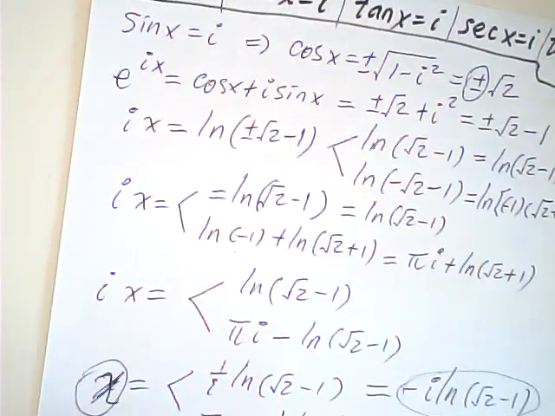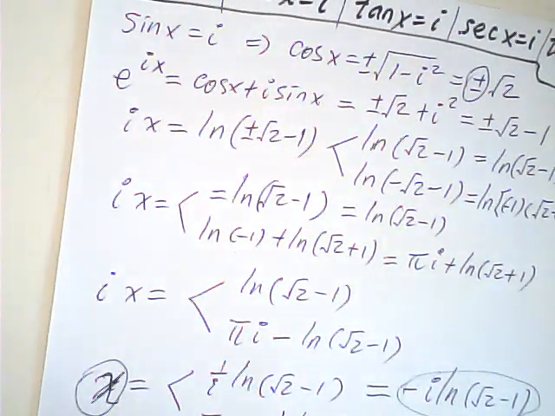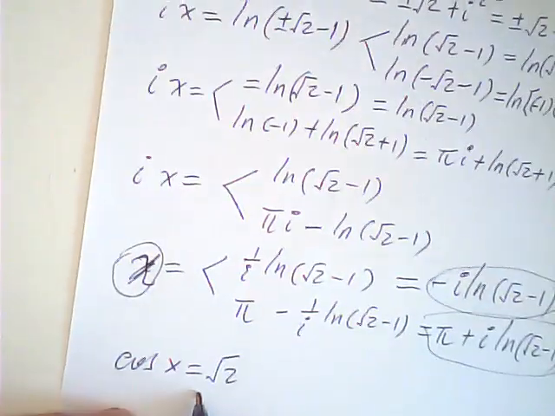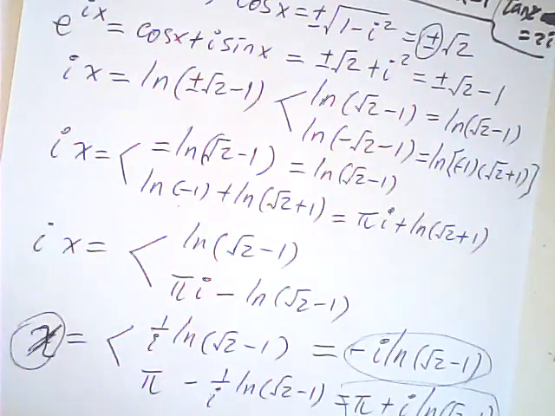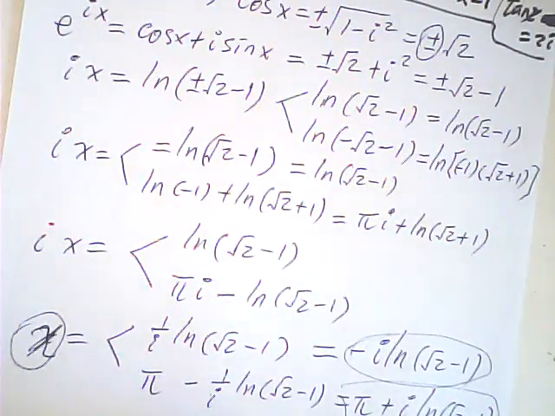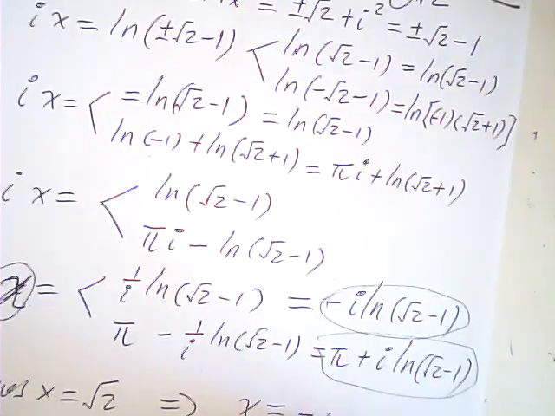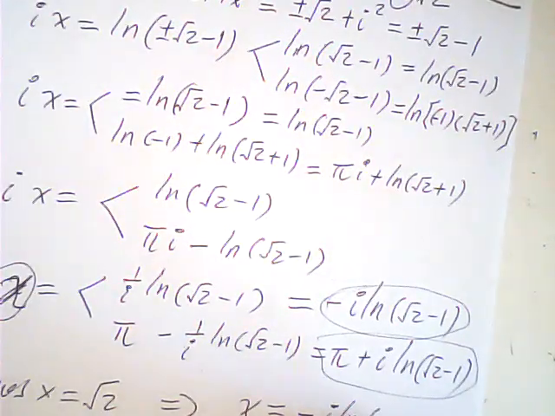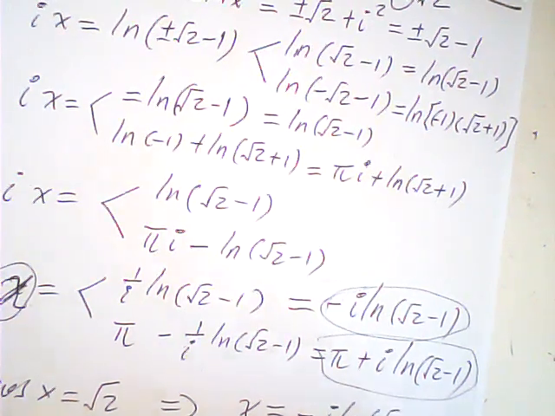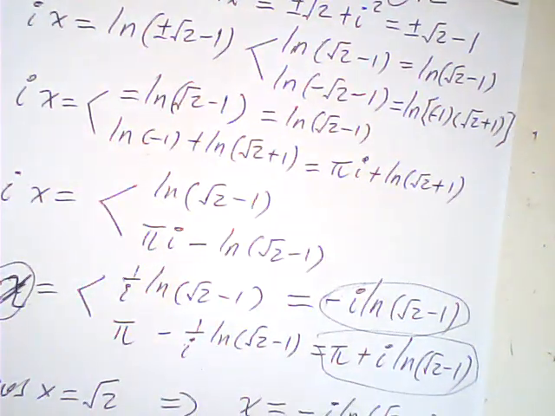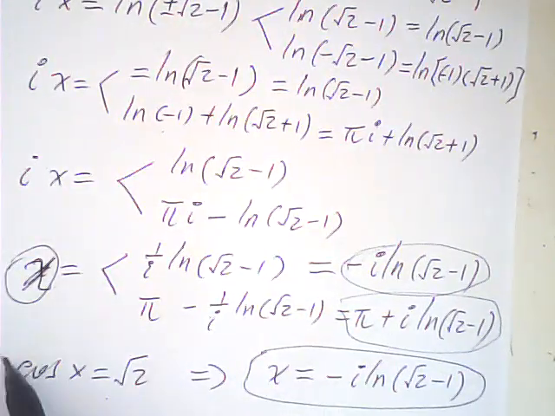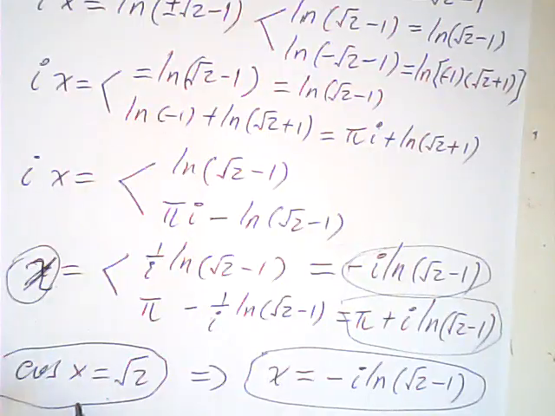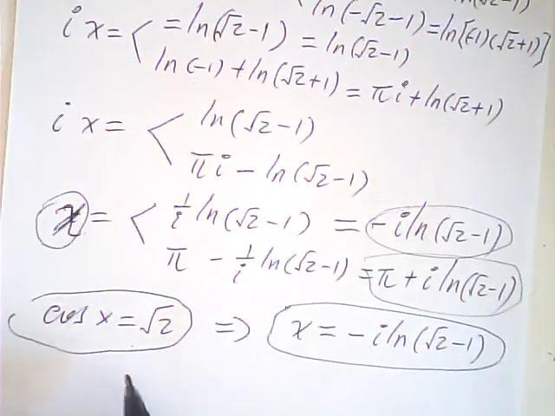If I consider cosine x is root 2 only in the first quadrant, not the second quadrant, then it comes up x equal to negative i log root 2 minus 1, when I consider x is in the first quadrant.